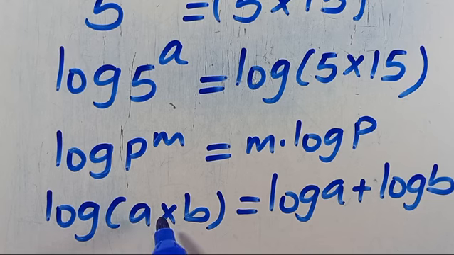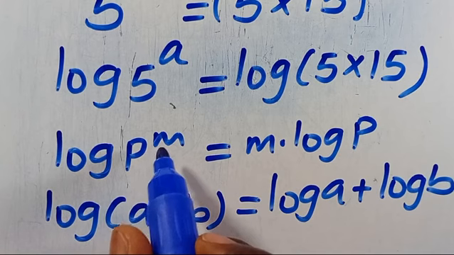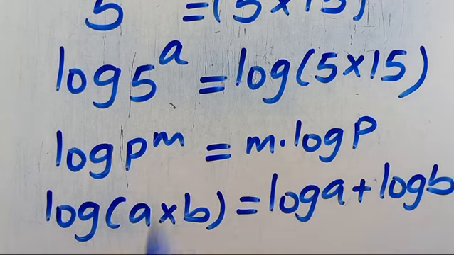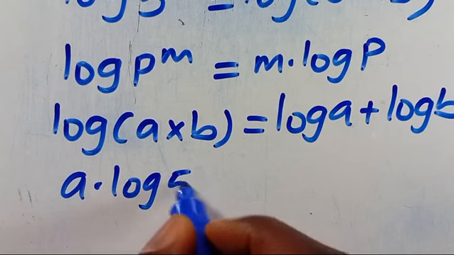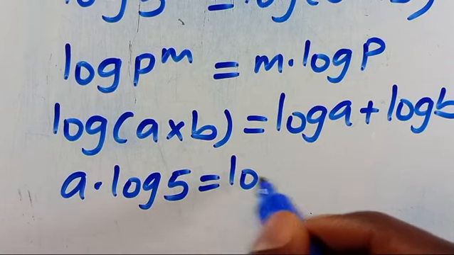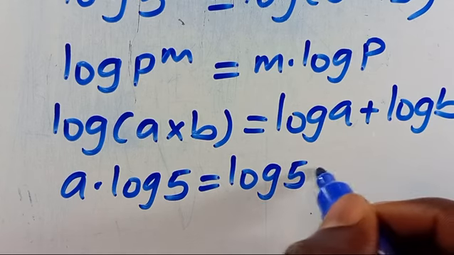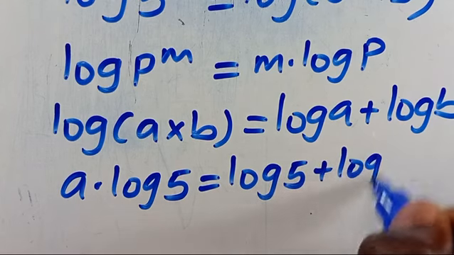We have to apply this multiplication that changes to addition here, and this power that comes down. So we're going to have a multiplied by log 5 equals log 5 plus log 15.